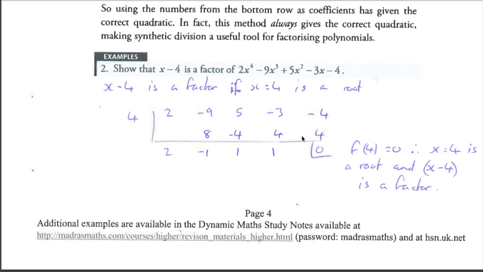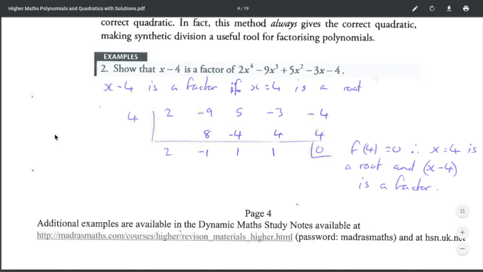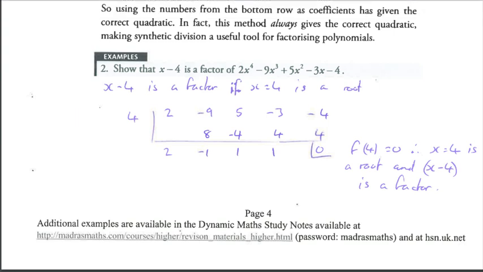So f of 4 is 0. We have a remainder of 0 there. f of 4 equals 0. Therefore, x equals 4 is a root, and x minus 4 is a factor. So we have shown what we've been asked to show there using synthetic division.